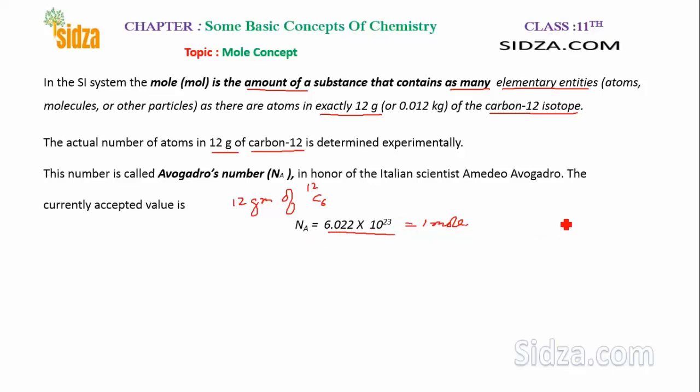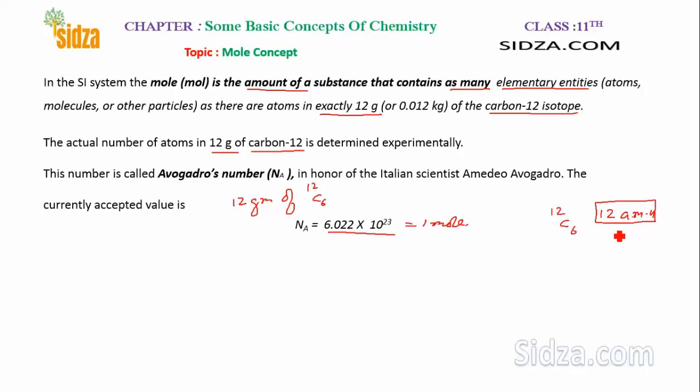We know carbon's atomic number is 6 and the atomic mass is 12. So 12 AMU, 12 atomic mass unit, right? AMU is the atomic mass of 1 carbon.